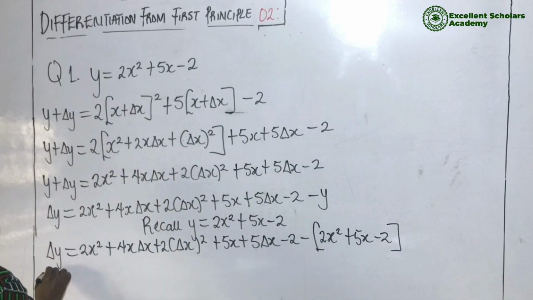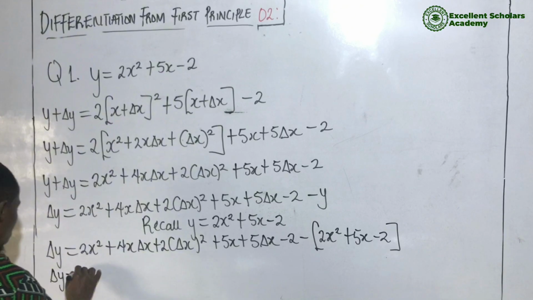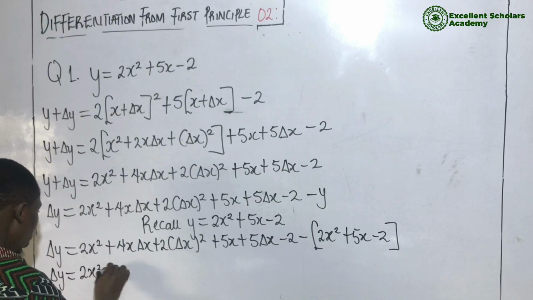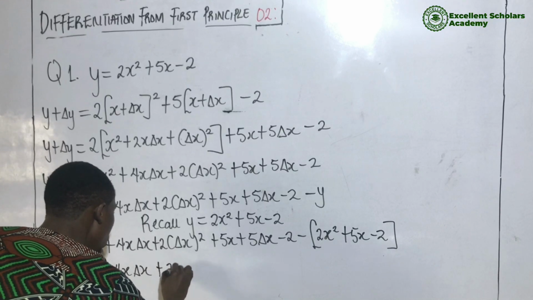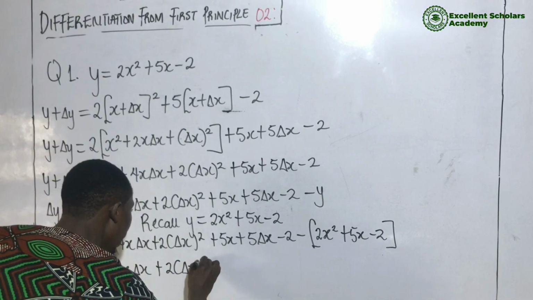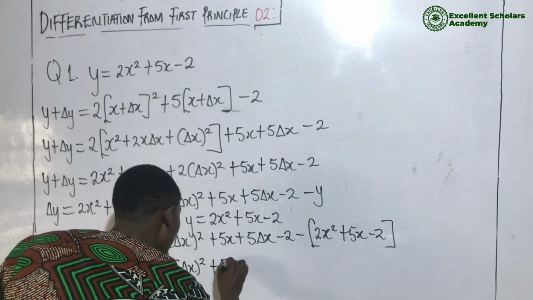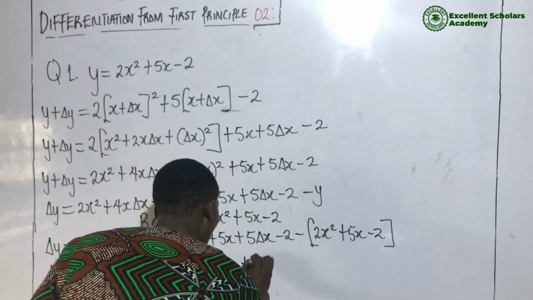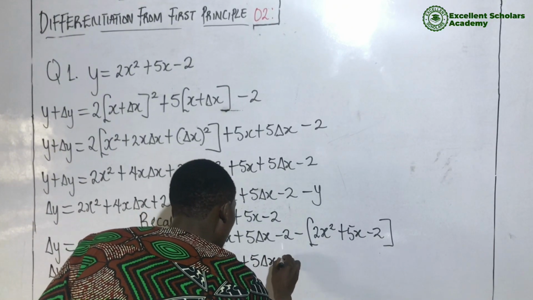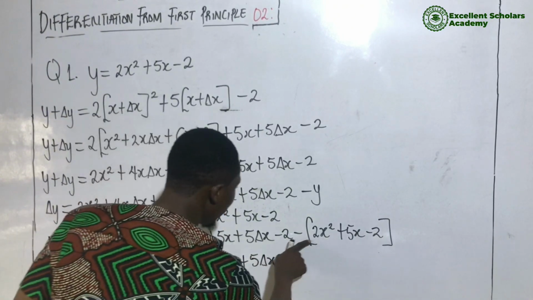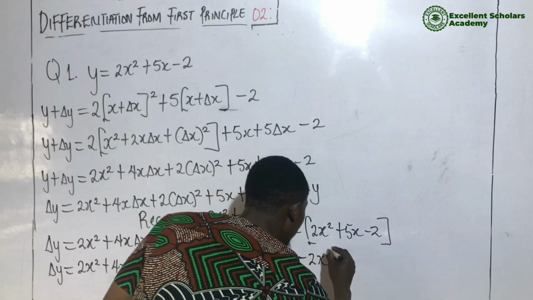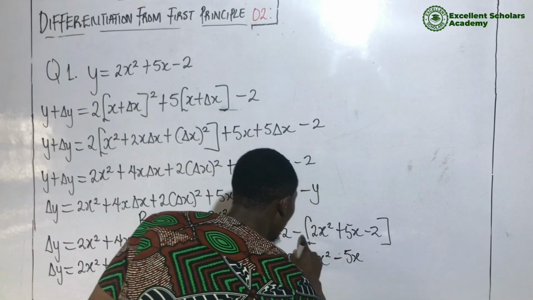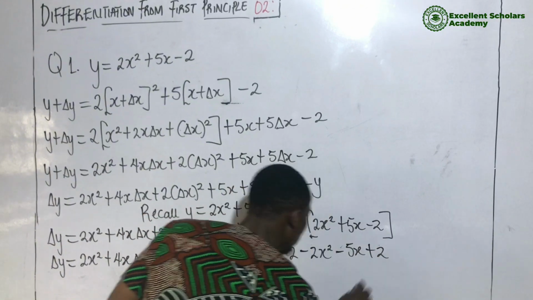Now change in y is going to be equal to 2x squared plus 4x change in x plus 2 (change in x) all squared plus 5x plus 5 change in x minus 2 minus, open this, it becomes minus 2x squared, minus this gives us minus 5x, minus this gives us plus 2.